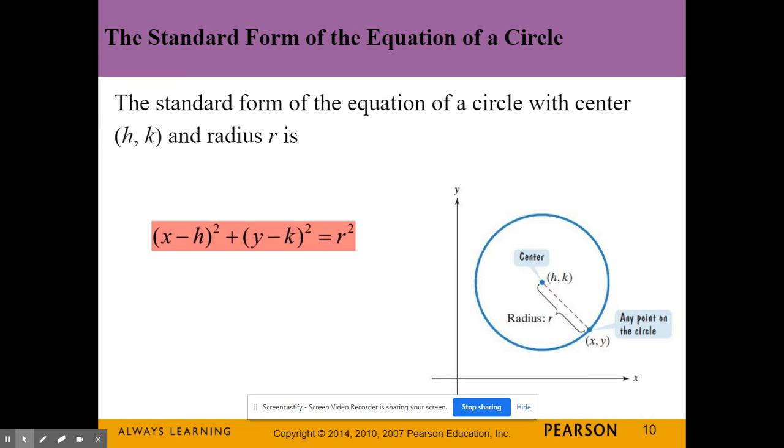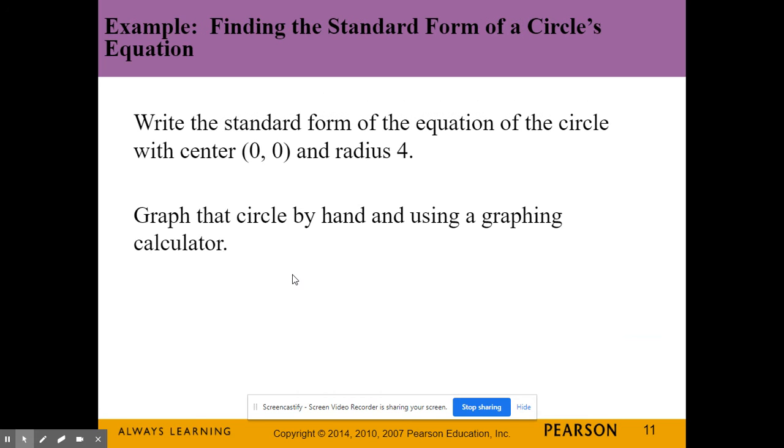The standard form of an equation with a center at (h, k) and a radius of r is (x minus h) squared plus (y minus k) squared equals r squared. All right, so write the standard form of the equation of the circle with center (0, 0) and radius 4.